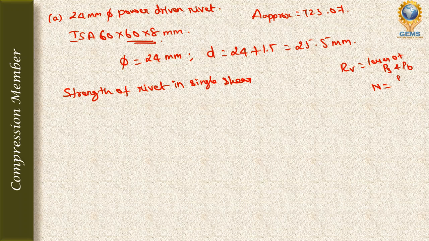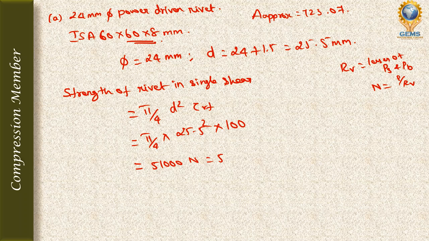Number of rivets is load by RV, rivet value. So single shear is equal to pi by 4 d square tau Vf. So pi by 4 into 25.5 square into tau Vf, it is power driven, so 100. Value is 51,000 Newton, that is equal to 51 kilonewton.